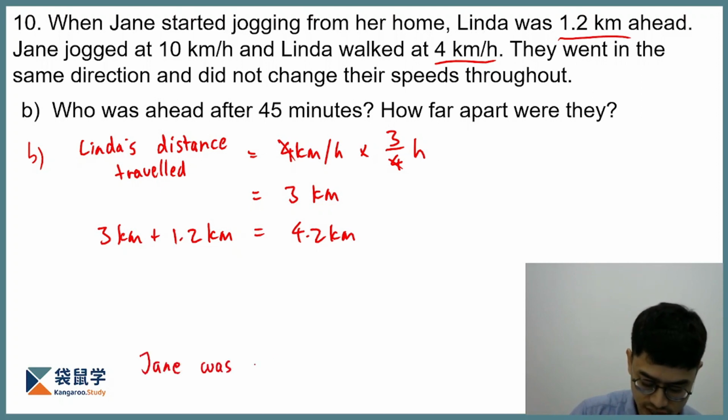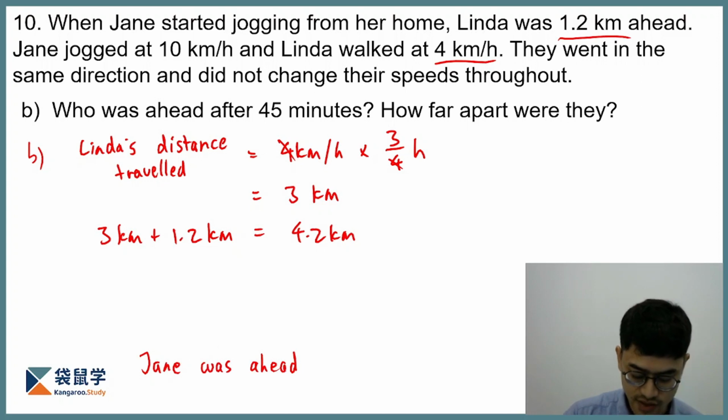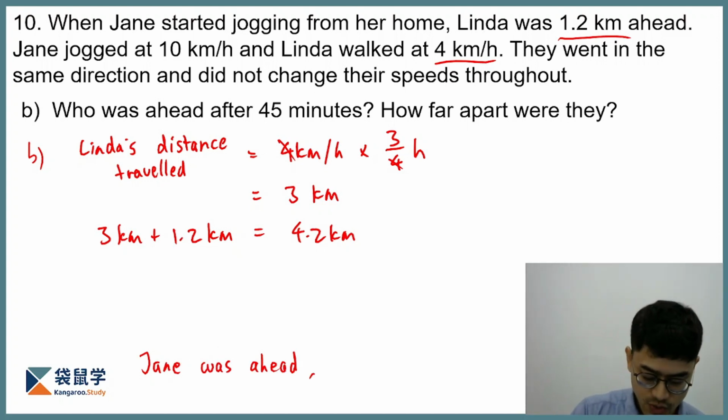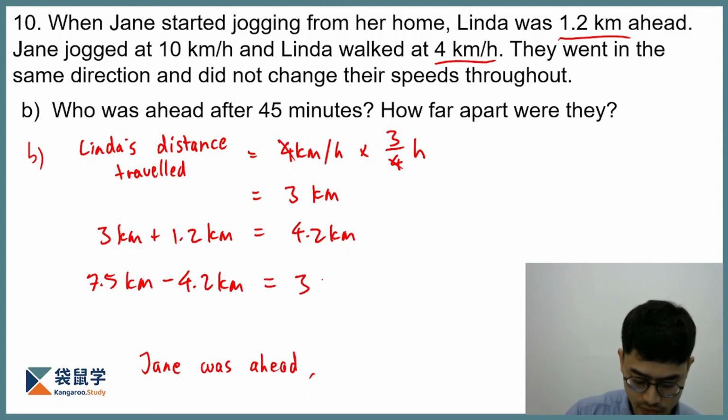Jane was ahead. Okay, and by how much, right? By how far apart were they? And we just take our part A answer, 7.5 kilometers minus 4.2 kilometers, and then we will get 3.3 kilometers. We can finish up our answer statement by 3.3 kilometers.